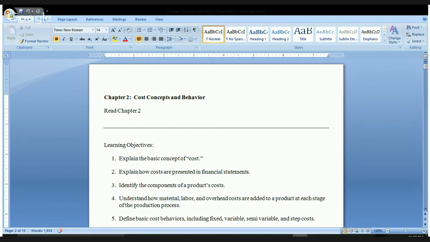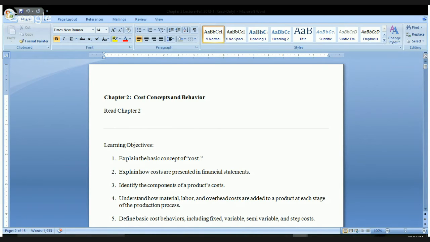As soon as you see factory security, you know that's related to the product. The next one is human resources. This has nothing to do with the actual making of the product, so we know that is a period cost. Insurance, factory. As soon as you see the word factory involved in insurance, you know that is a product cost.